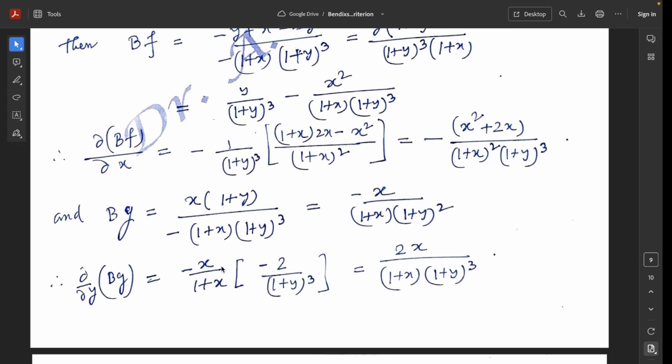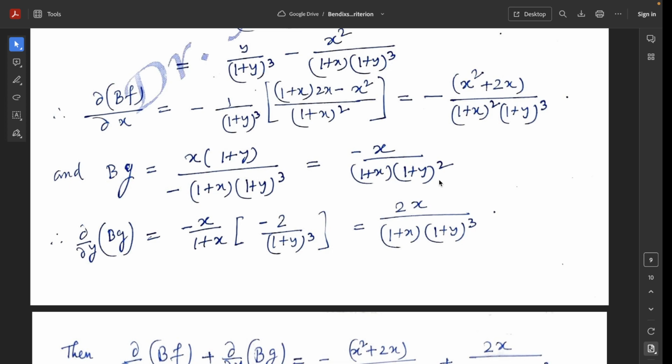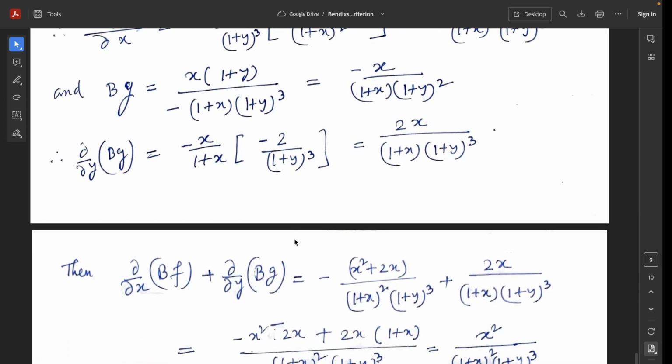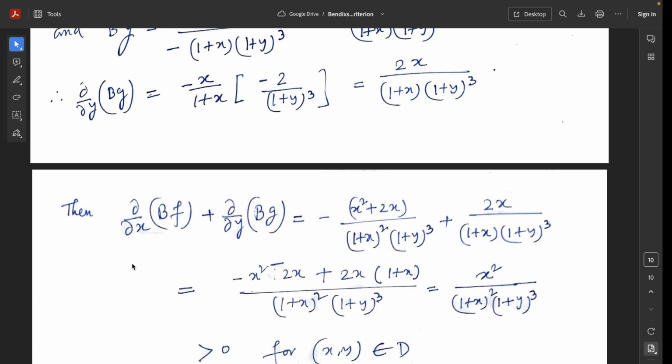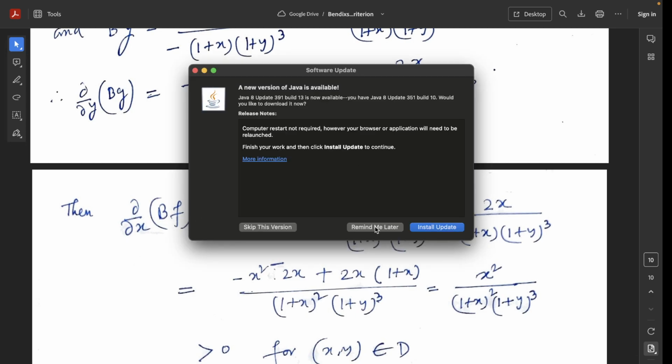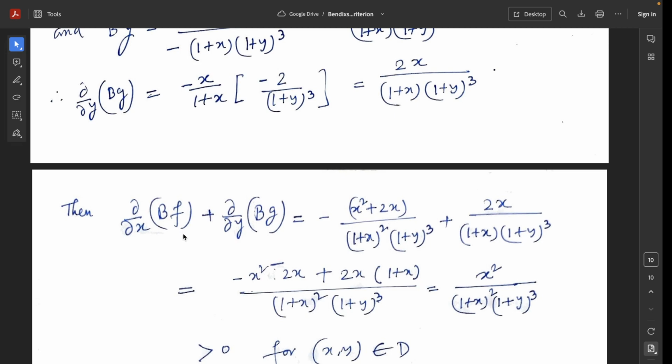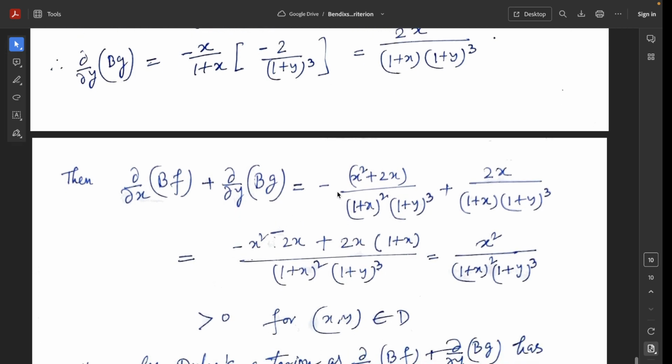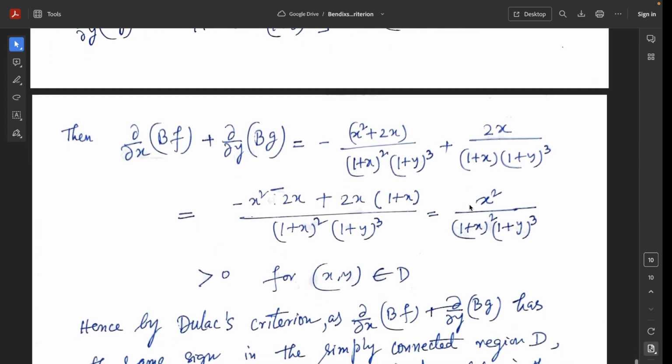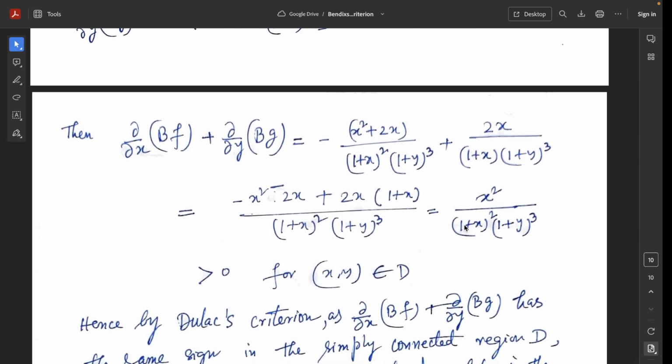Similarly, we get Bg, B into g equal to this, and del y of Bg equal to this. Then adding these, del x of Bf plus del y of Bg equal to this. So after simplification, we get x square by (1 plus x) whole square (1 plus y) whole cube.